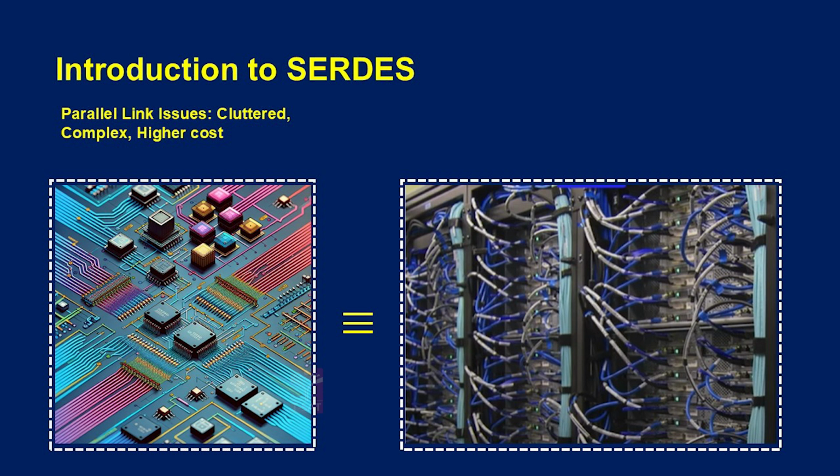Now if you look at this diagram, you can see some parallel lines going. Because of these parallel lines, you need a bigger landscape, and for that bigger landscape you have to pay a higher cost.